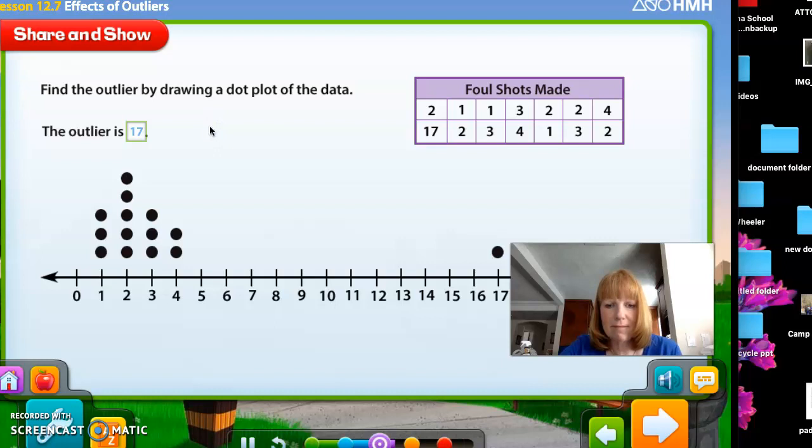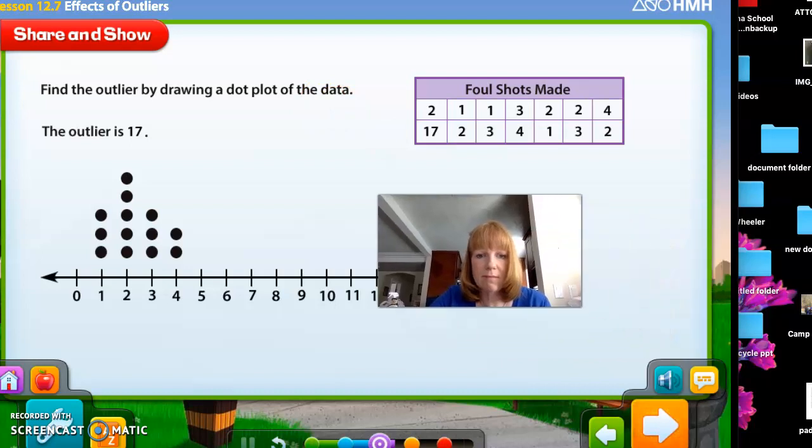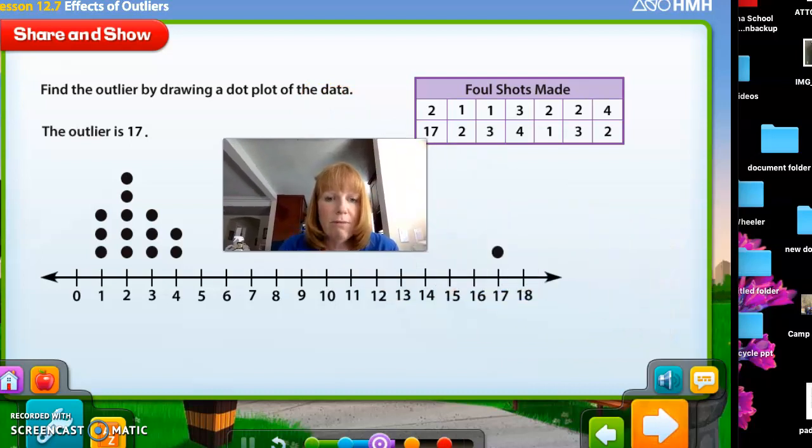The outlier is 17. If we found the mean of the data with the outlier, what would happen to the mean? If you said that the mean would increase because the outlier is higher than the other data values, you are correct.